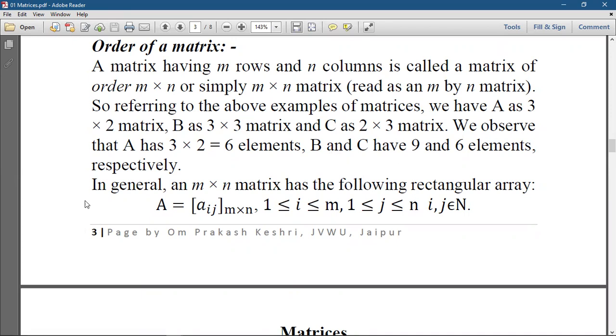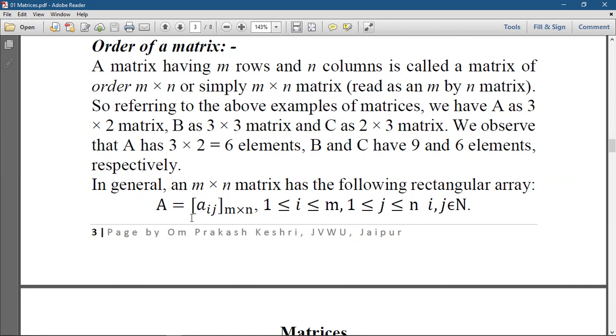In general, an m by n matrix has the following rectangular array. It can also be represented as A equals (a_ij) m by n, where a_ij represents the elements and m by n represents the order of the matrix, where i varies from 1 to m and j varies from 1 to n.